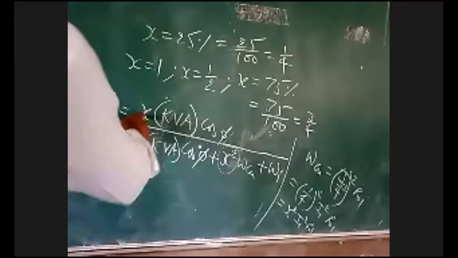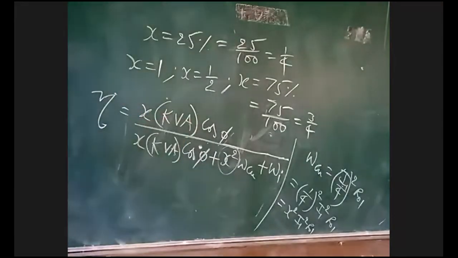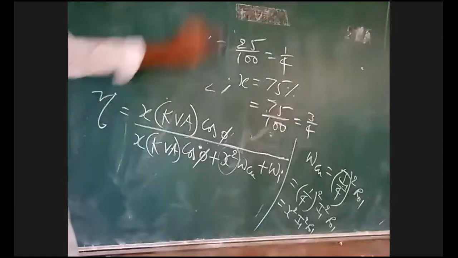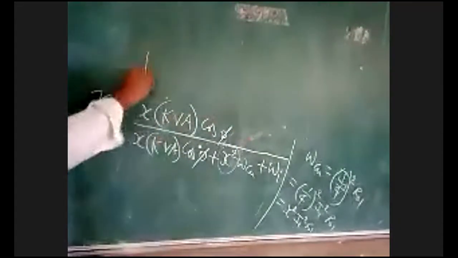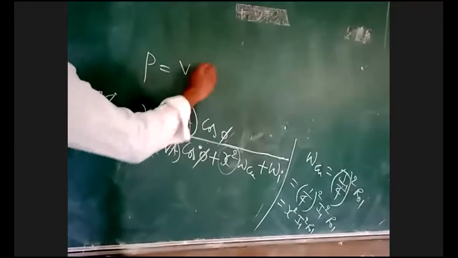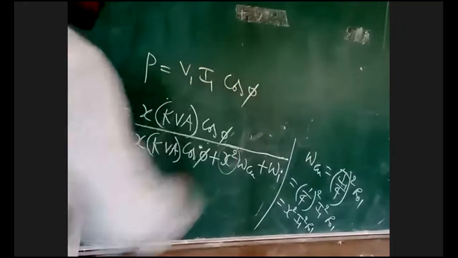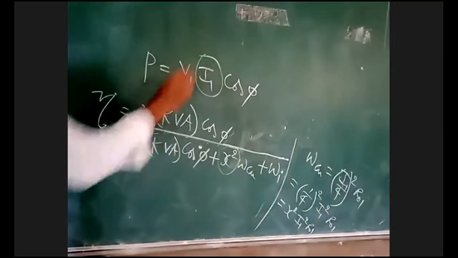Now, can you tell me why X is coming for kVA cos phi? See here, P is equal to V1 I1 cos phi. Current is your variable.